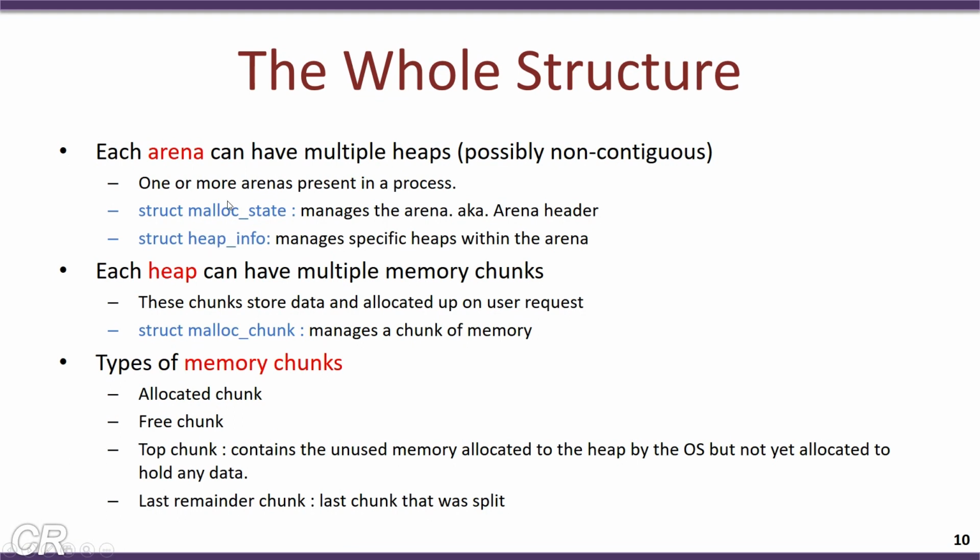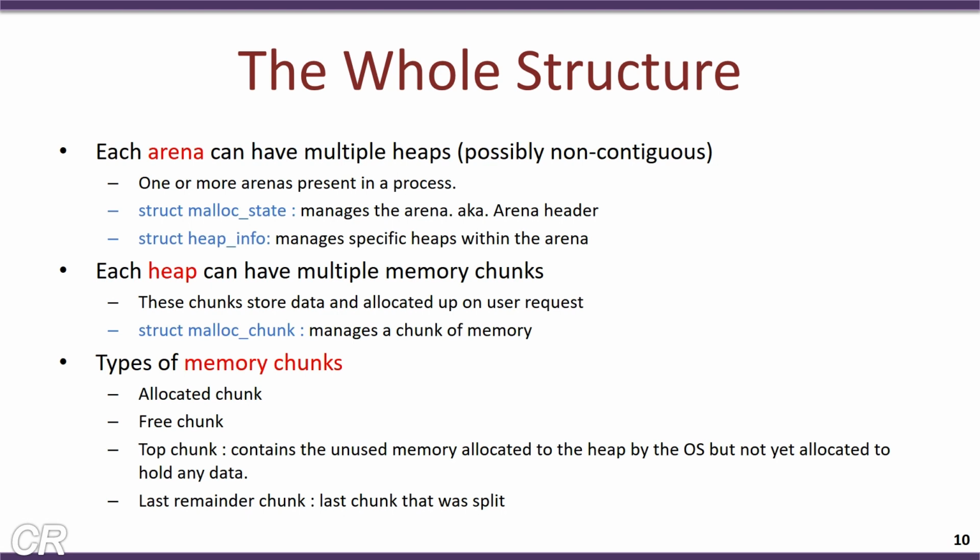So now let us look at the whole structure of how the heap is managed. As we know, the main component in the heap is the arena. One program could have one or more arenas. Now each arena is of 132 kilobytes, and these arenas are created by invocations to the operating system.